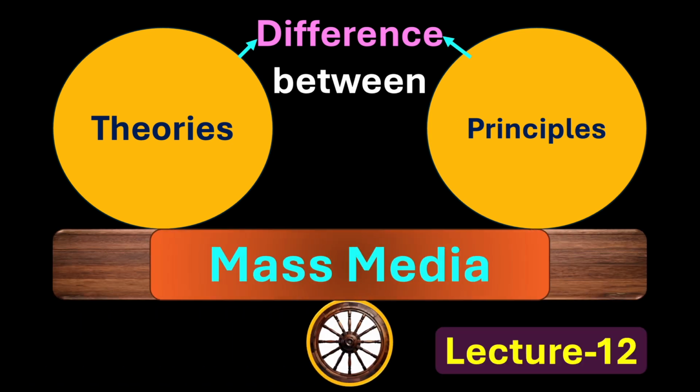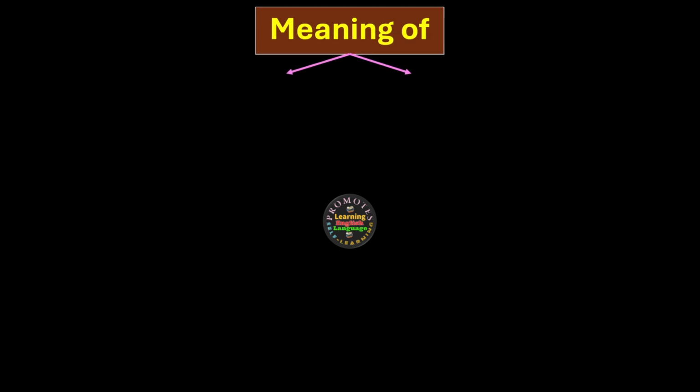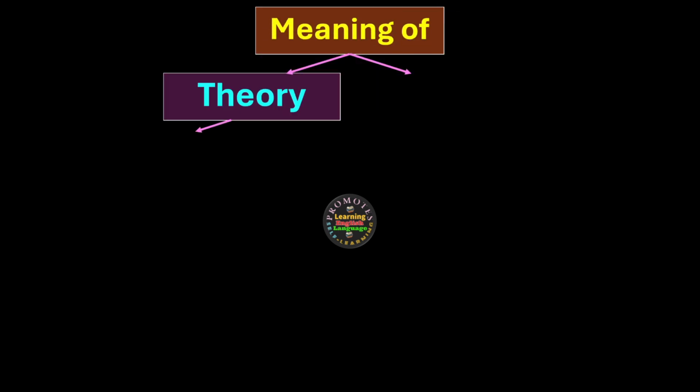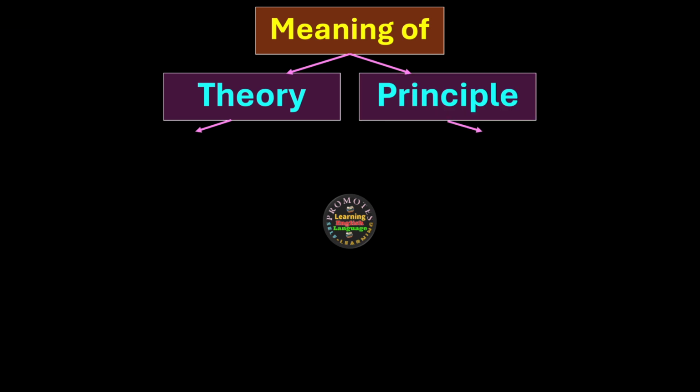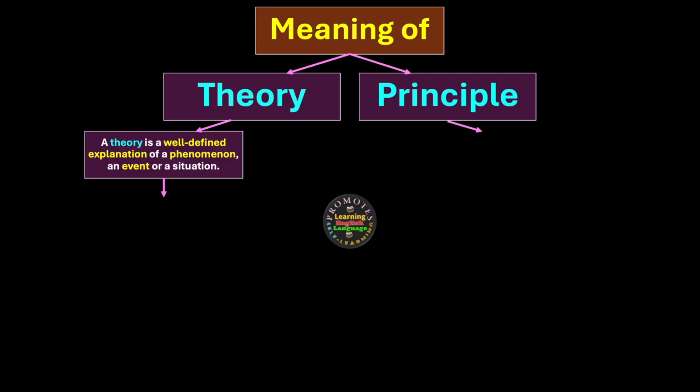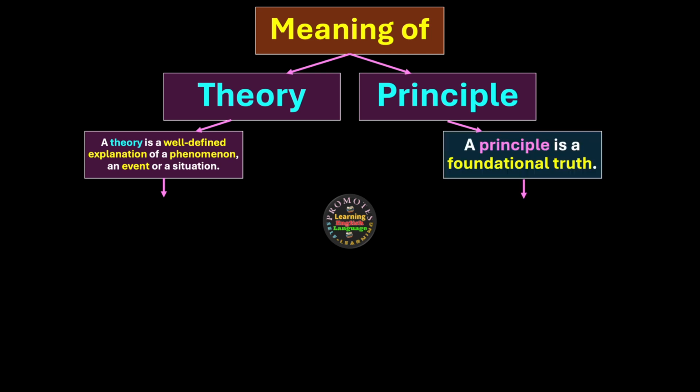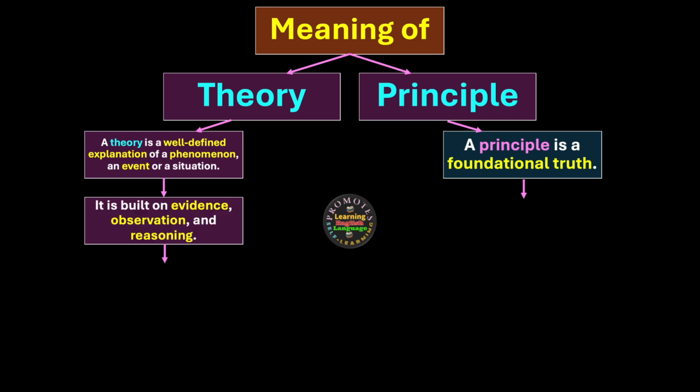Let's discuss the topic. First, we will talk about the meaning of theory and principle, the two terms which are essential to understand before we jump on to the topic. A theory is a well-defined explanation of a phenomenon, an event, or a situation, whereas a principle is a foundational truth. It is built on evidence, observation, and reasoning.